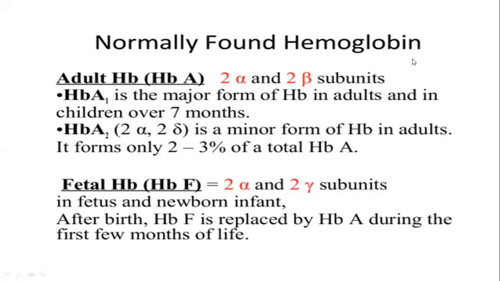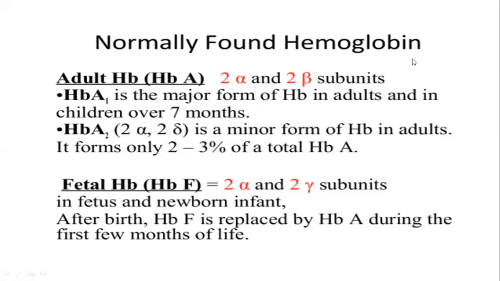Hemoglobin A in an adult is the major type of hemoglobin. That does not mean that you and I do not have other types of hemoglobin, but the majority of the hemoglobin in circulation that we all have as adults is called hemoglobin A1. That is what we naturally should find in an individual. And we know that this hemoglobin can also be found in children, but majorly in adults.